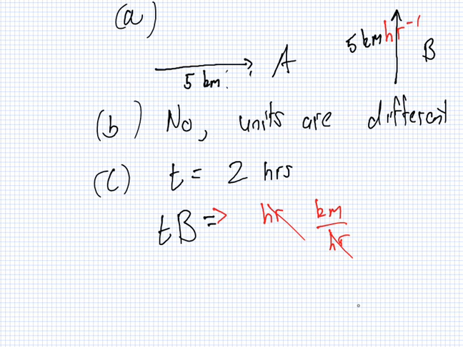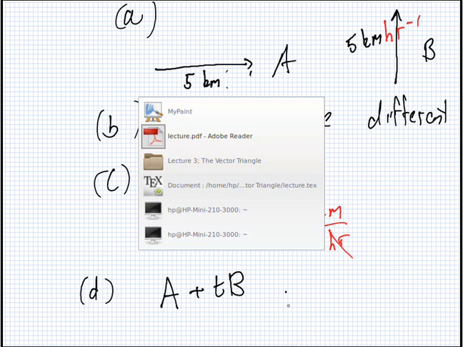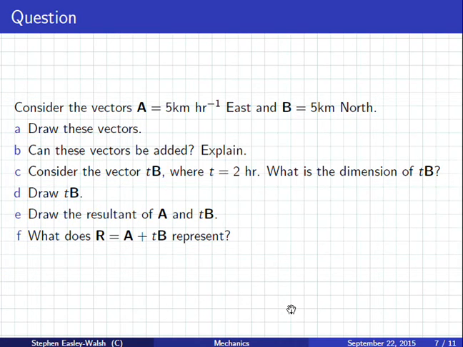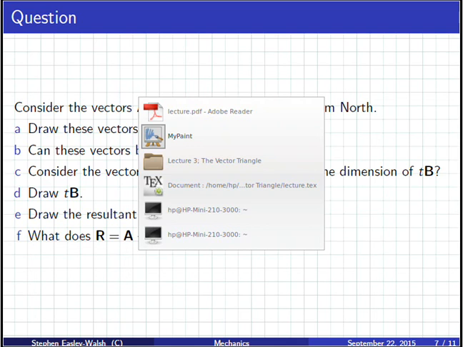Okay. So can I add A and TB? Am I allowed to add these now? Yeah, because they're both kilometers. I think that's what I asked next. Well, first I asked you to draw TB, so actually we'll do that first.